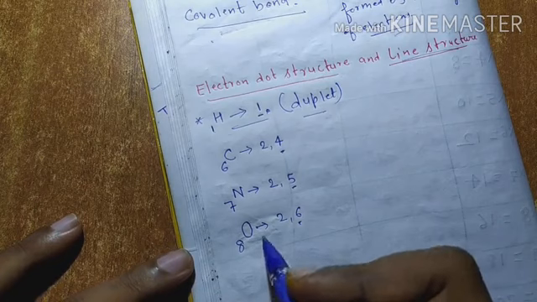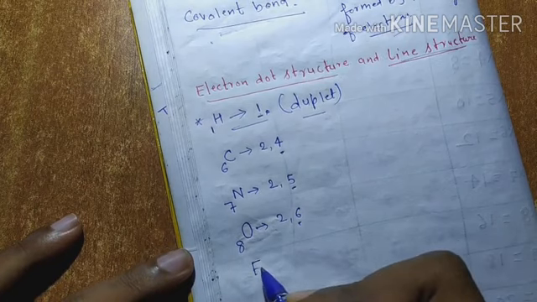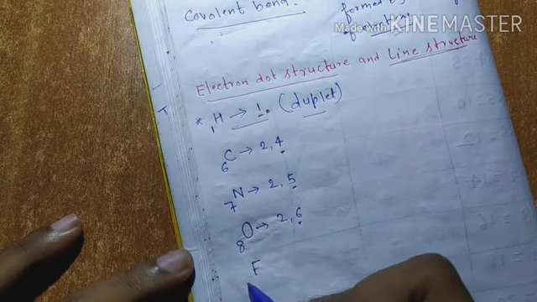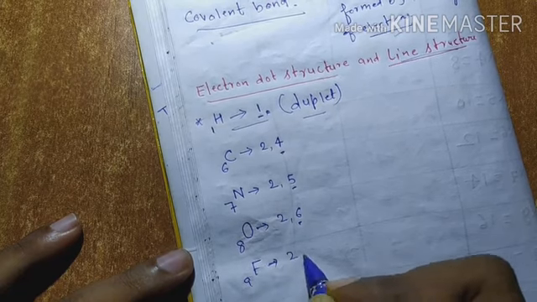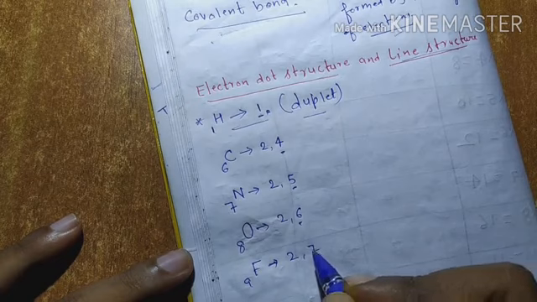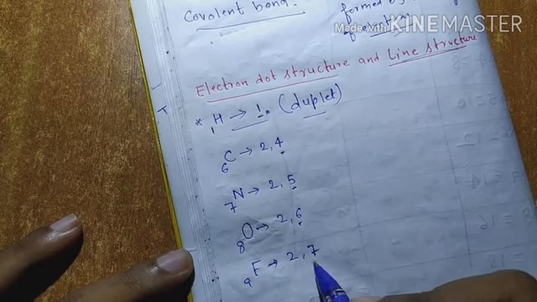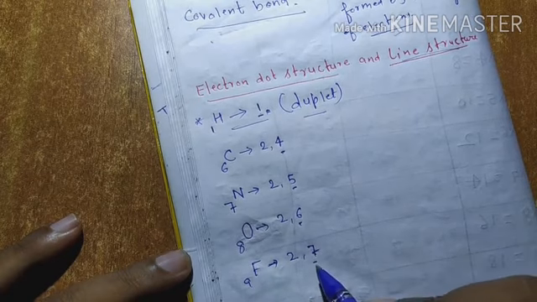Then fluorine, atomic number 9, electronic configuration 2, 7, valence electron is 7.